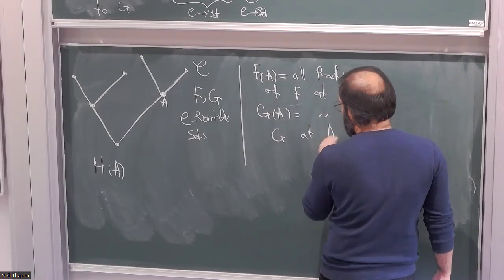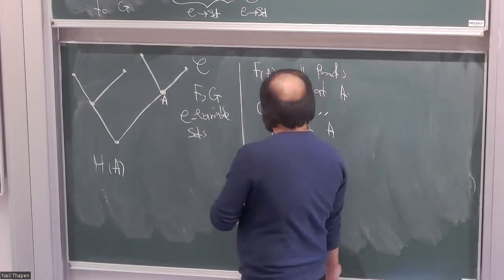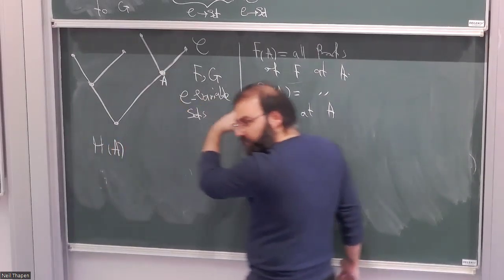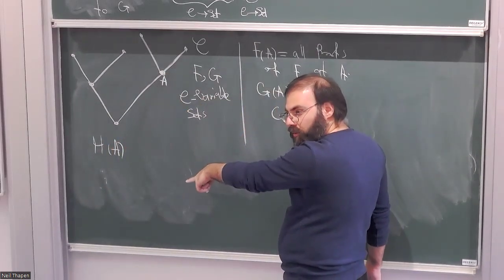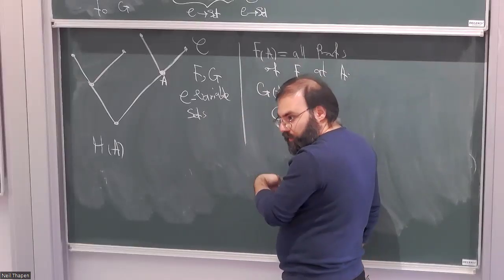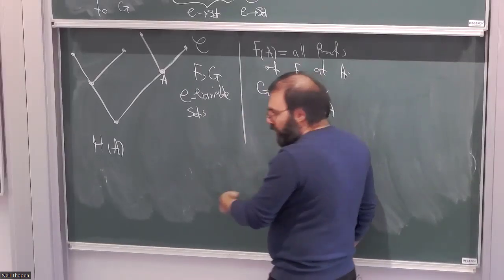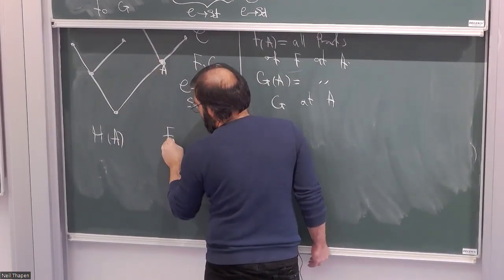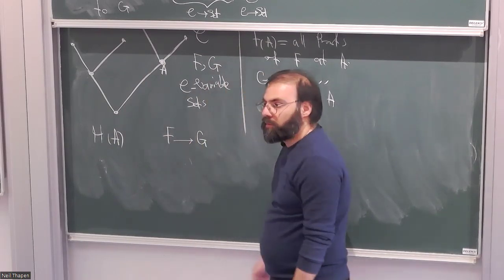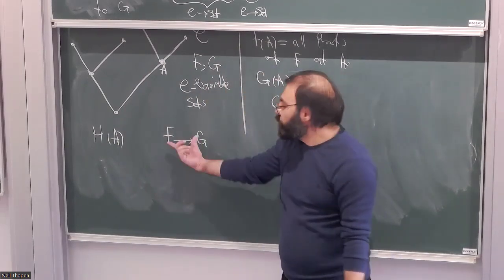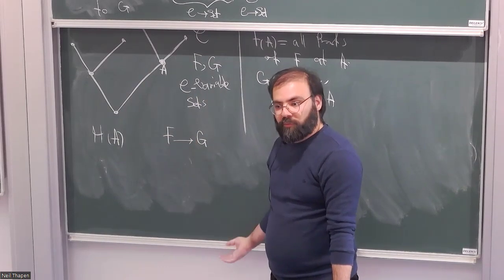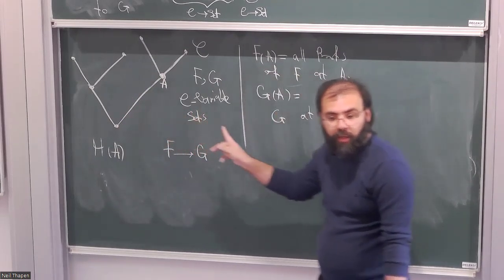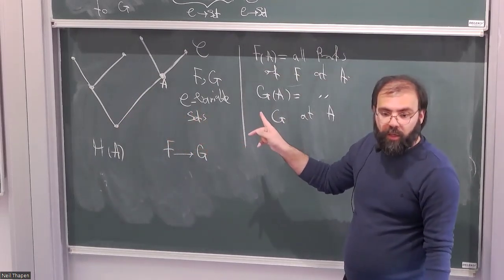Then what is HA? It is all the functions from F to G at that point, meaning all the proofs of the implication. So you want to prove at this point, you want to go from F to G. What is the proof if you have two propositions? What is the proof at this point? So you are certainly writing F arrow G, not F at A arrow G. Yes.